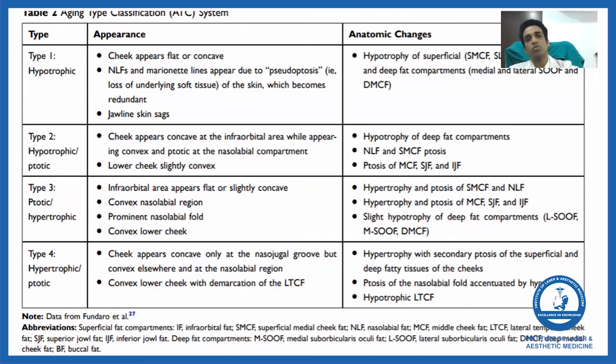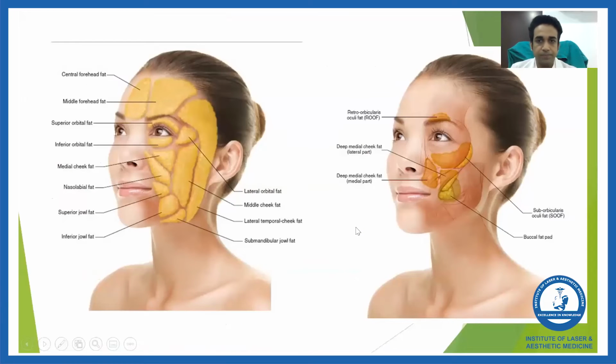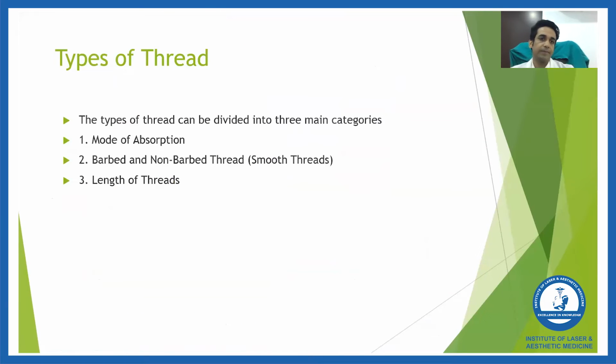Type 1 again you can do with very minor thread lifting or very minor botox. So this holds true with a lot of things. If you're going on to type 4, then probably again all of these things plus surgical. I think we are good with this. We are good with this, right?